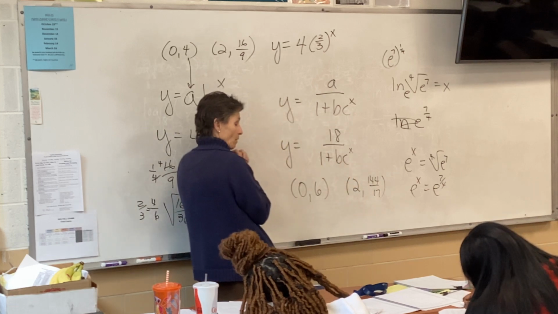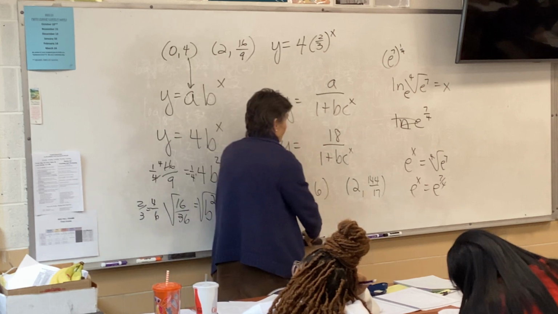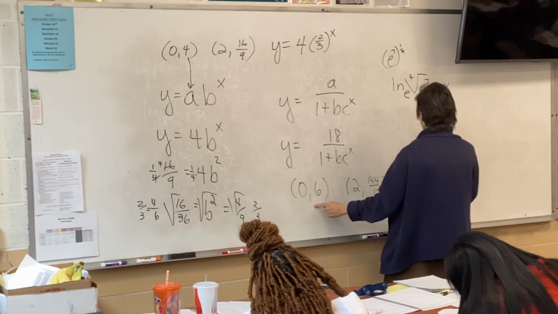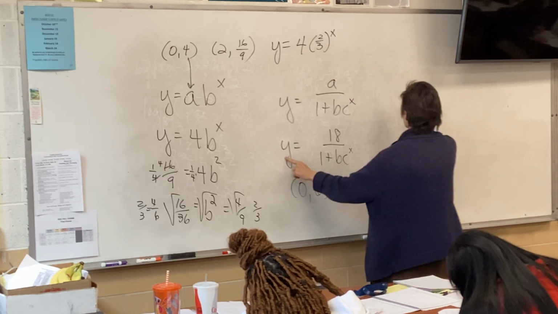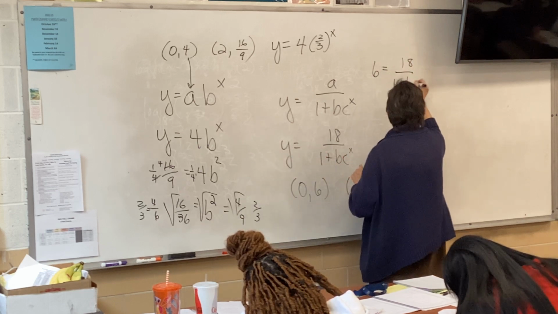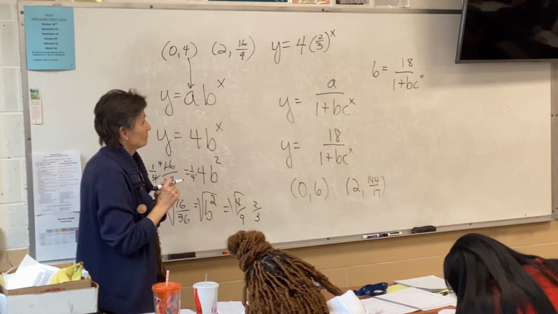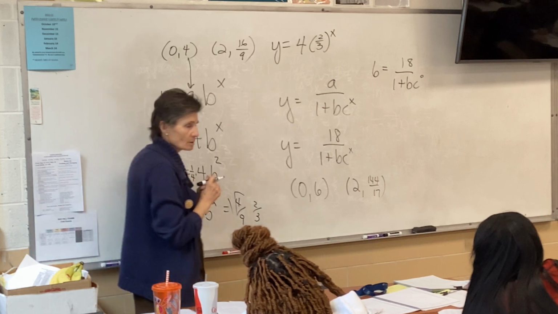Okay, what do I do now? Yep, so Kamara says plug in that point right there. So 6 goes in for y and 0 goes in for x. Now, why is that kind of happy news?